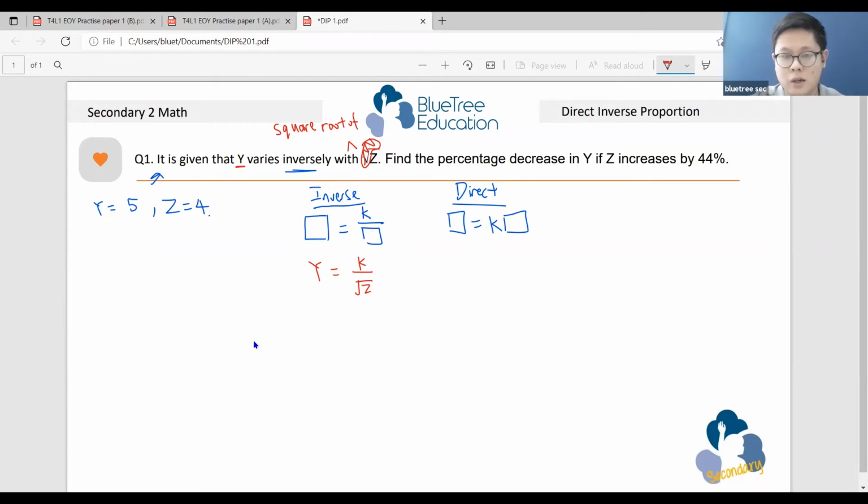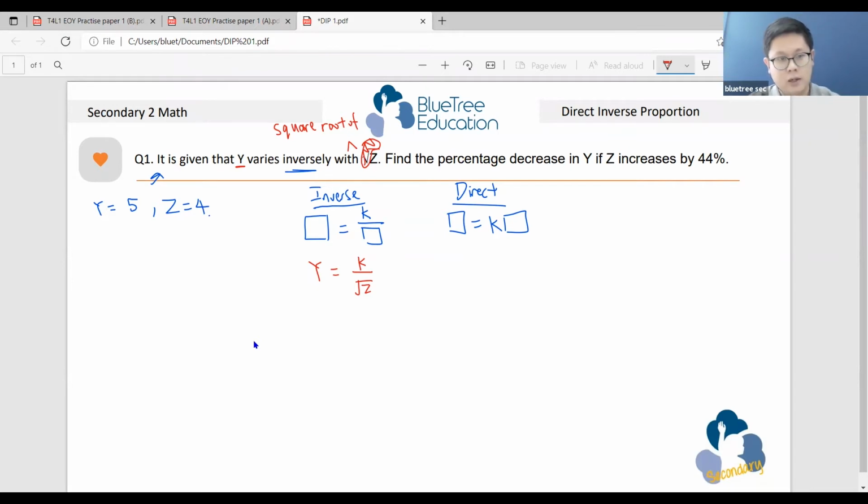Like they somehow will miss it out, right? I have seen it quite commonly. So do not just follow the symbol over here. Please read the words in between as well, okay? If you miss these few extra words, it could be square, it could be square root, cube of z, and if you do not put the relevant symbol related to z, then the whole question will just be gone, right?